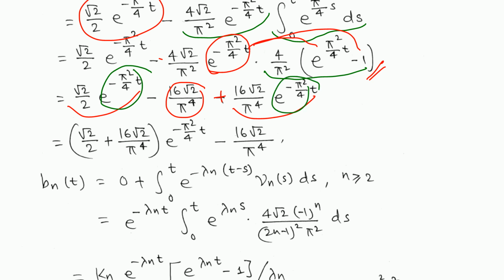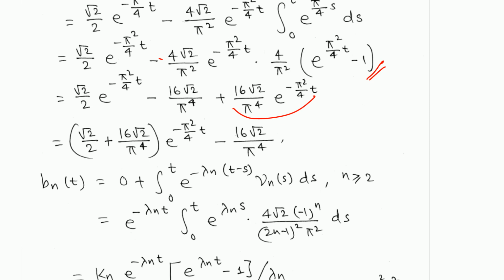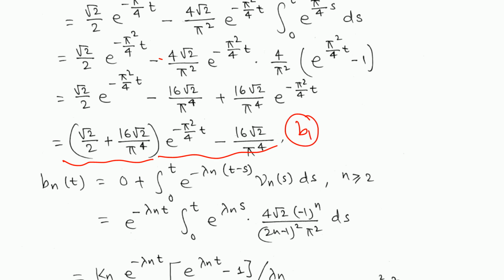So we can factor that out, that leaves root 2 over 2 plus 16 root 2 over pi to the 4th. Okay, now finally we have the value that is in fact just b1, and we need to find all bn's.